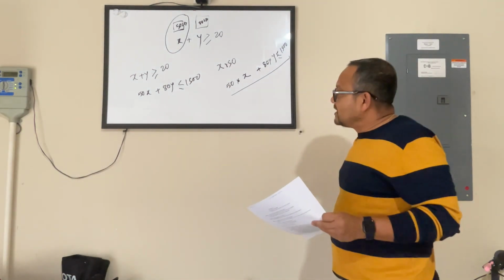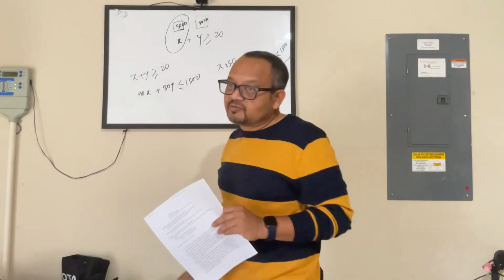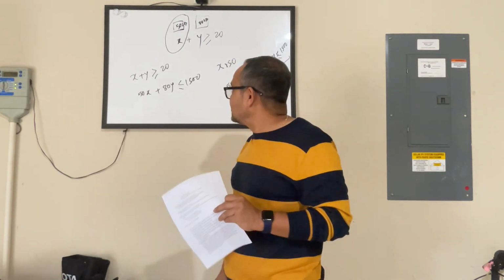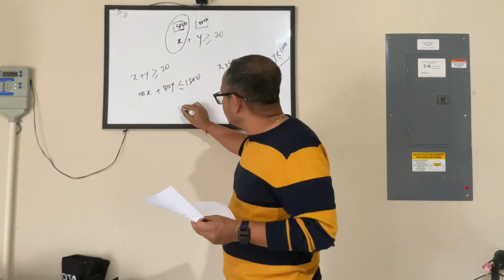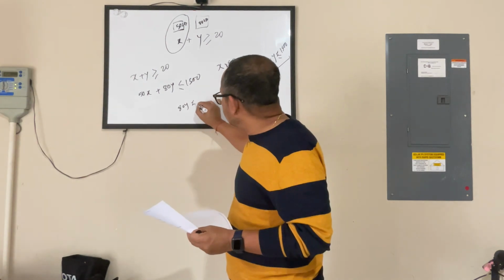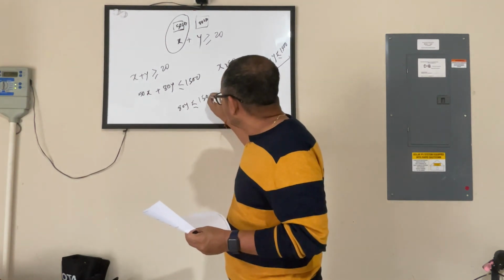Now, let's assume that you have only 80-pound boxes. What will happen then? Then you have to calculate 80y less than or equal to 1500.